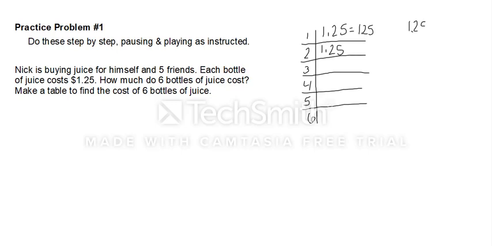And if I have $2 and 2 25-cent pieces, then I have $2.50. 3 bottles of juice would be another $1.25. So then I would have $3.75.